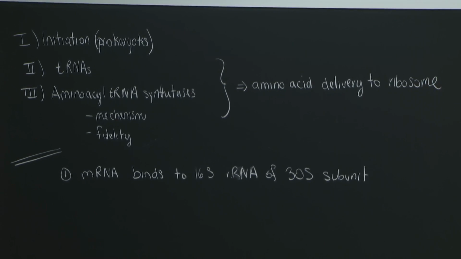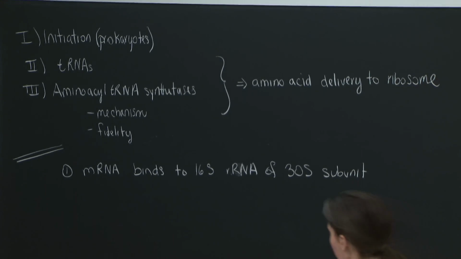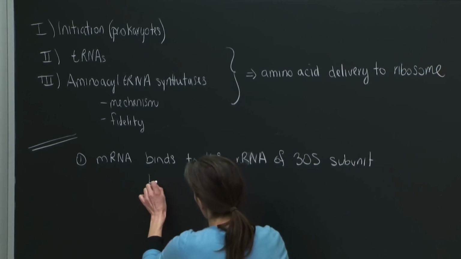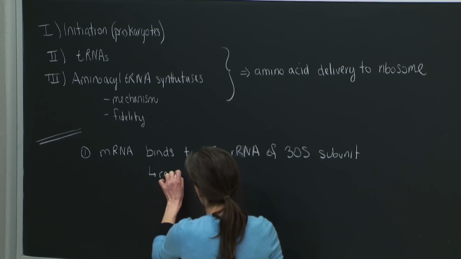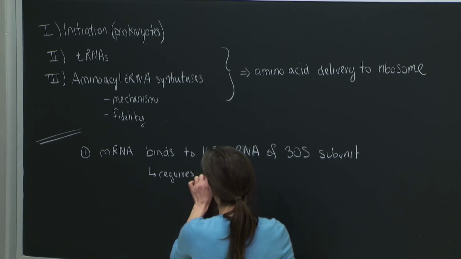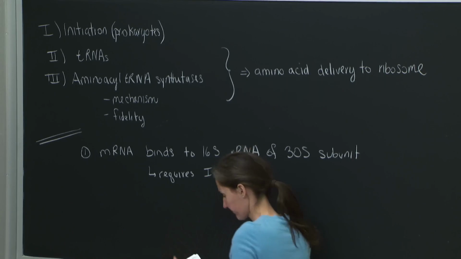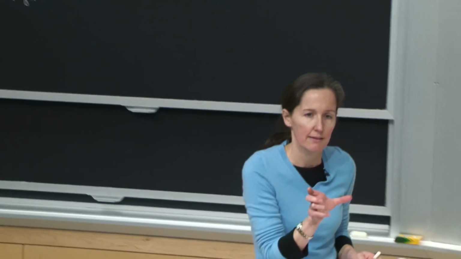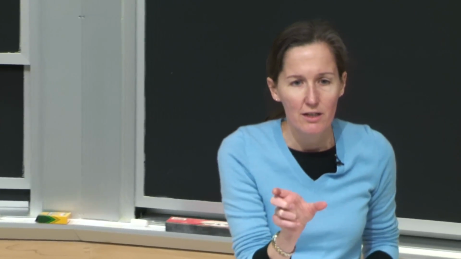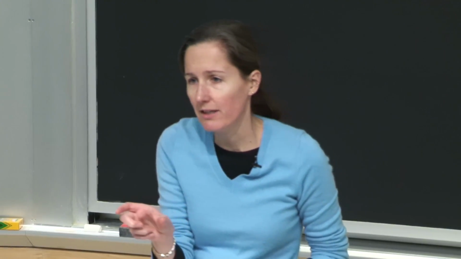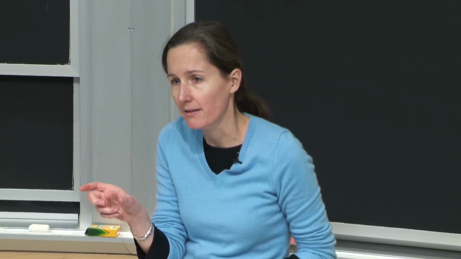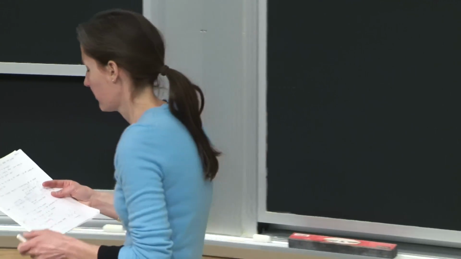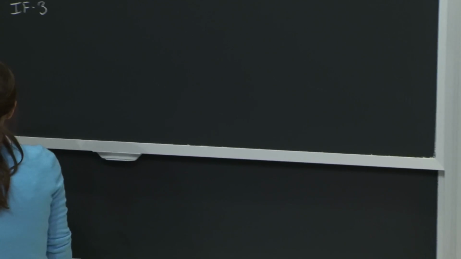So we have the mRNA binding to the small subunit, and this process requires initiation factor 3. Effectively, what happens is that the mRNA has a region called the Shine-Dalgarno sequence in prokaryotes, which is the site of ribosome binding. And then downstream of that is a start codon that signals for the start of translation.